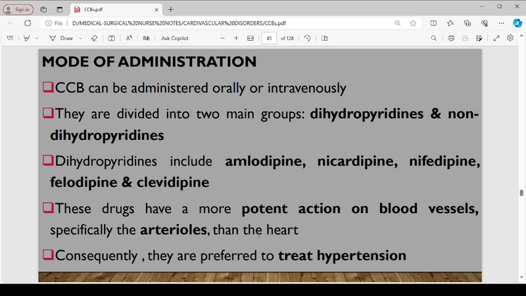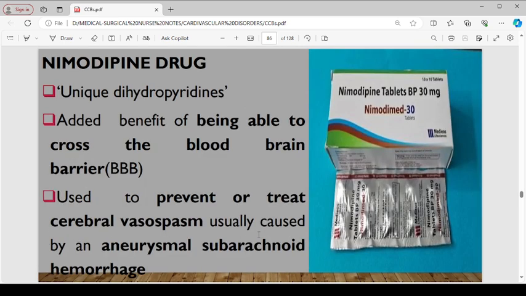The dihydropyridines include drugs like amlodipine, nicardipine, nifedipine, felodipine, and clevidipine. These drugs have a more potent action on blood vessels, specifically the arterioles where they do the dilation, than the heart. Therefore, based on this mechanism of action, dihydropyridines are preferred for treatment of hypertension.